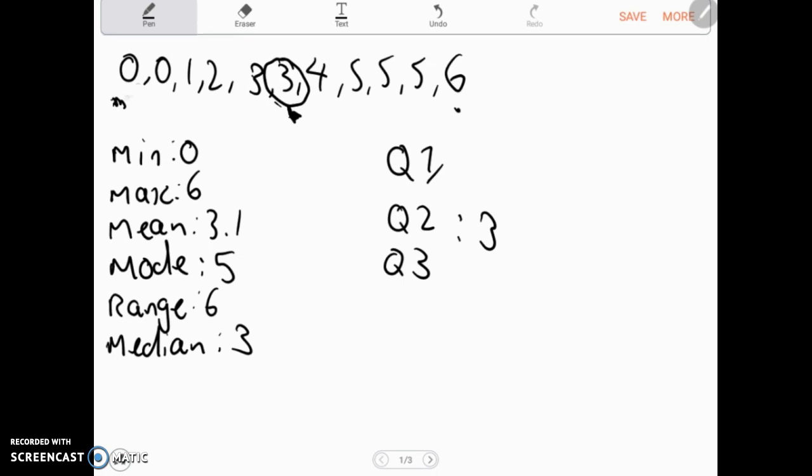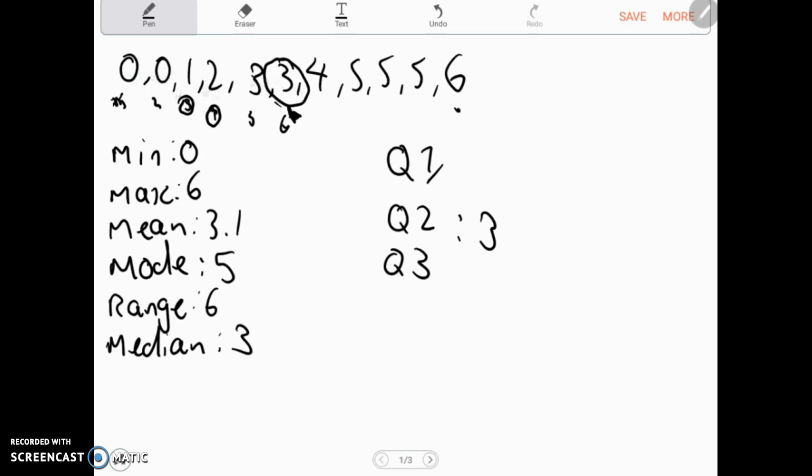So we go 1, 2, 3, 4, 5, 6. Yep, just double checking. If we've got 6 data points, we divide that by 2, we get 3. But because it's an even number, we actually have 2 medians. So we've got 2 on this side and 2 on this side.